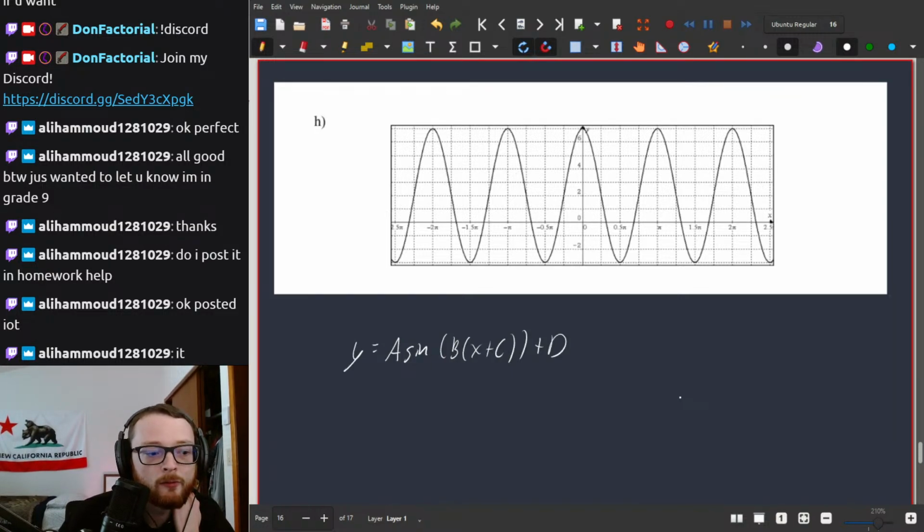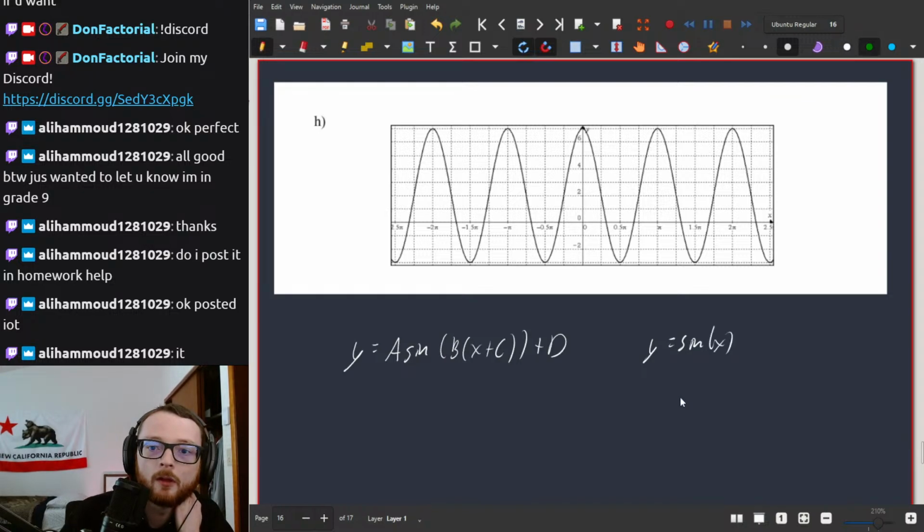So the thing that we need to reverse engineer is a regular sine wave. Just y equals sine of x is going to start at the origin, and then at pi over 2, it's going to be equal to 1.